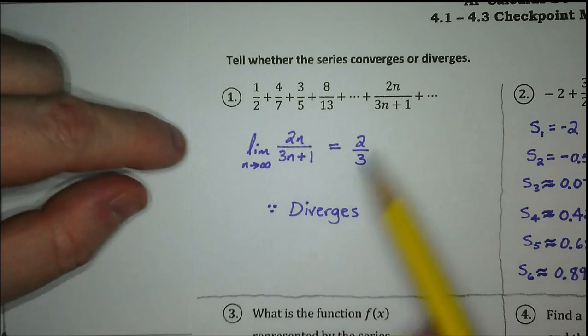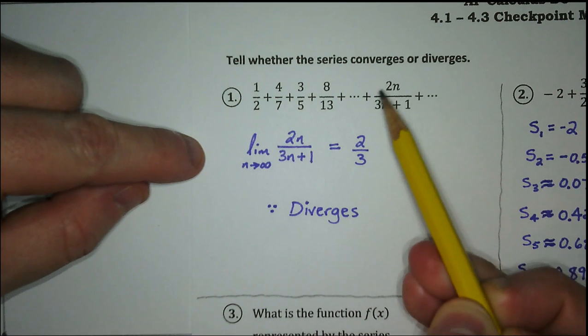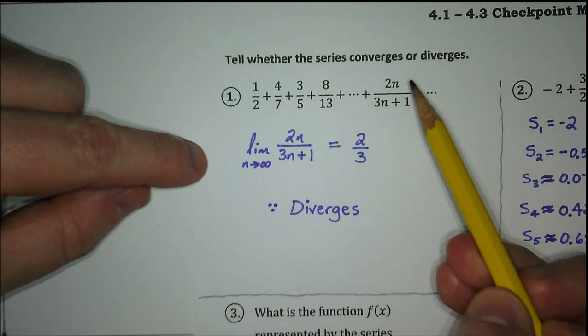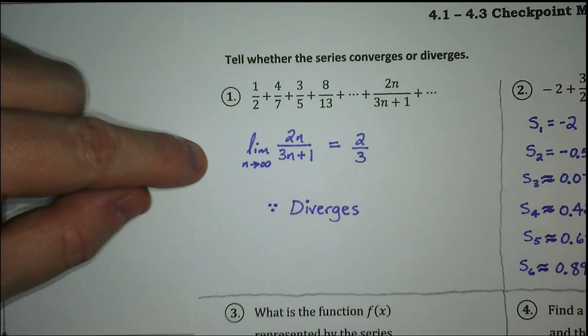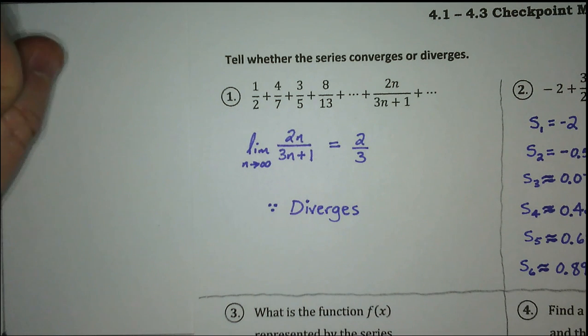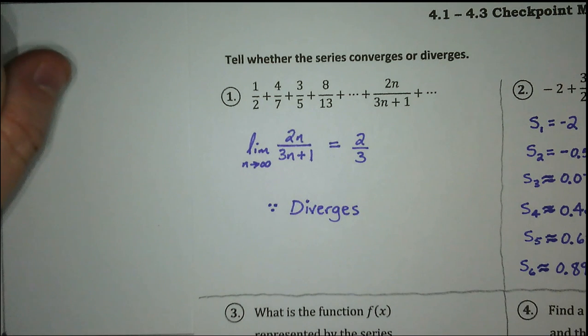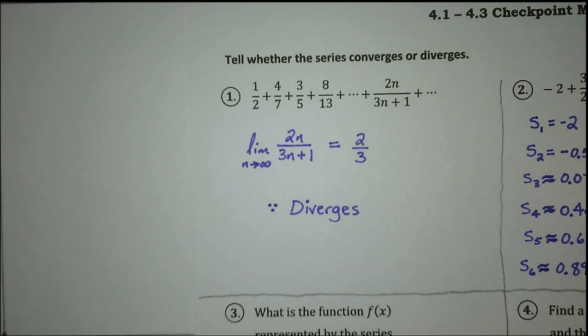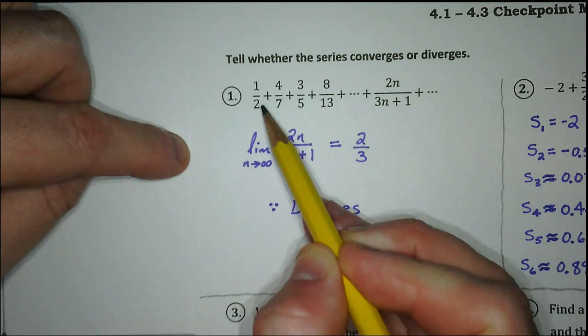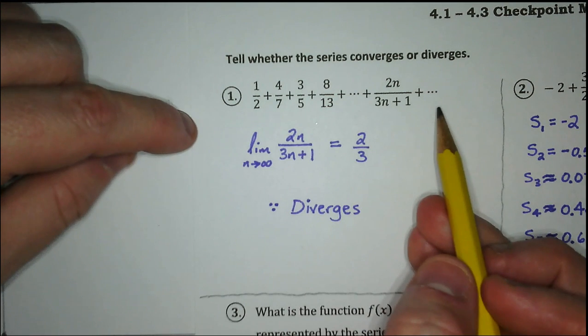So what you can do here is analyze this general term, and we know that unless the terms actually approach 0, then the sum has no chance of converging. For the infinite sum to have any chance of converging, the terms themselves have to be approaching 0.